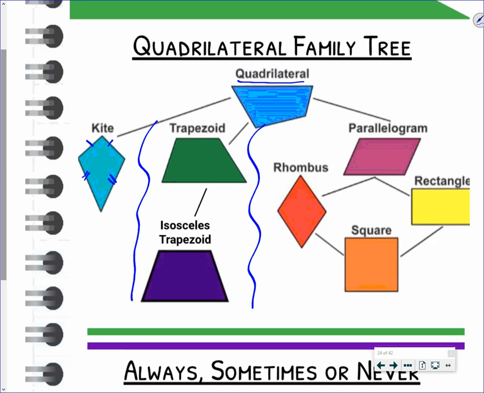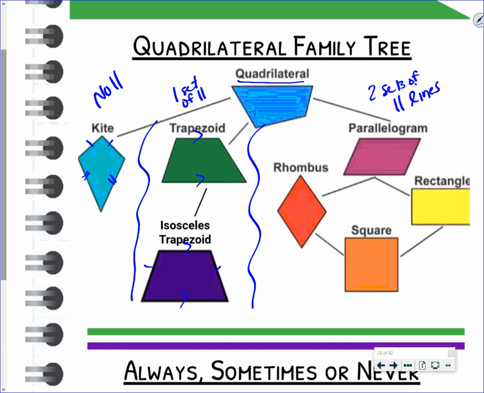Then we had the trapezoids. We know the trapezoid has exactly 1 pair of parallel sides. And then we went over to parallelograms. We have 2 sets of parallel sides. So we went from no parallel sides to 1 set of parallel lines, and then we have 2 sets of parallel lines.